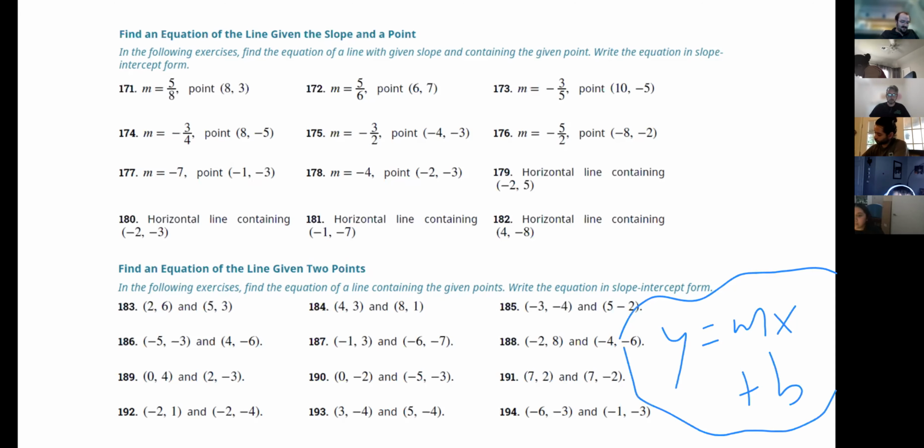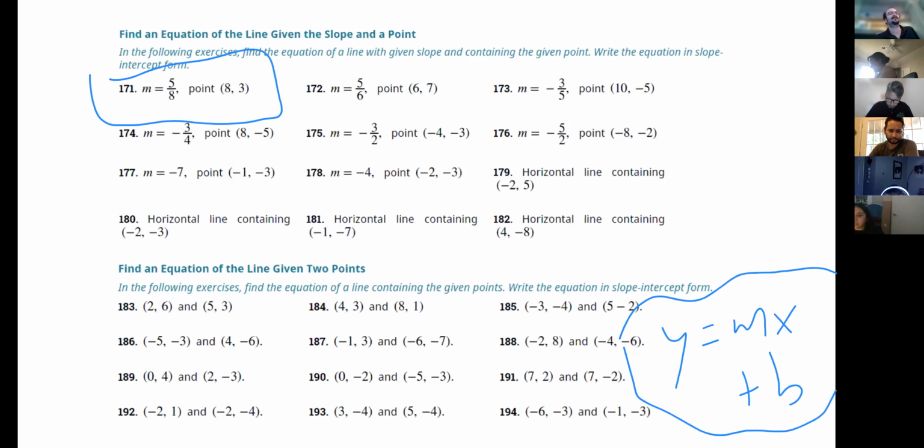If we look at this, are we going to be able to plug that directly into that equation? We need to find what the y is. Do we have a slope and do we have an intercept? Should be the questions. Yes. What's our intercept? 8, 3, the 3 is the y-intercept.